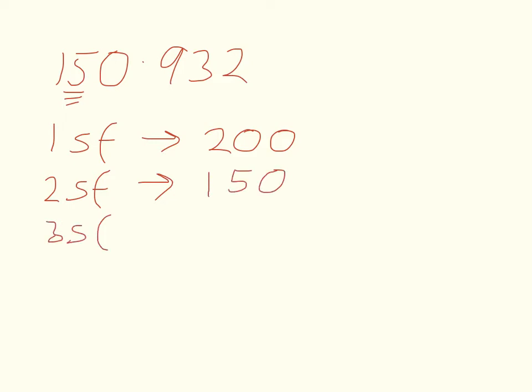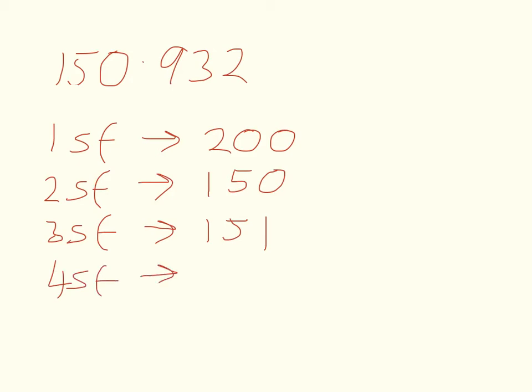Three significant figures, which unit is it closest to? 149, 150, 151, 152. Well, because the next number is a 9, it's closest to 151. Four significant figures. What do you think it's going to be?